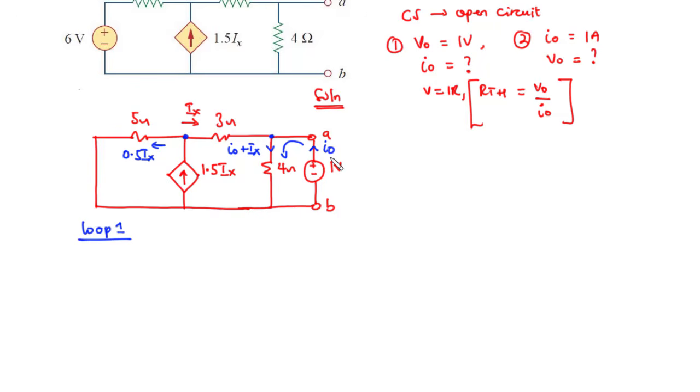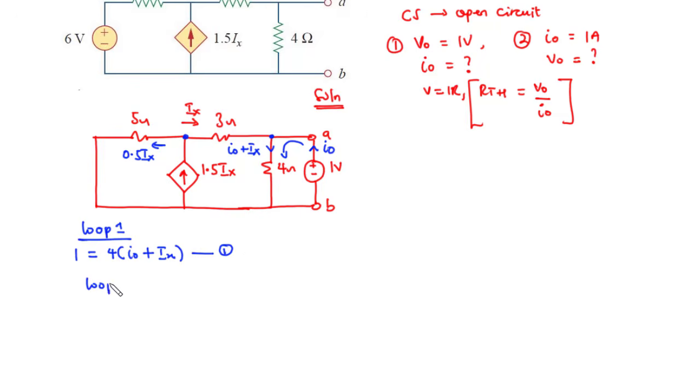So we have the source voltage to be 1 volt, and that is equal to, taking the anticlockwise direction, 4 times the current in this branch, which is I0 plus Ix. Let's call this equation 1.